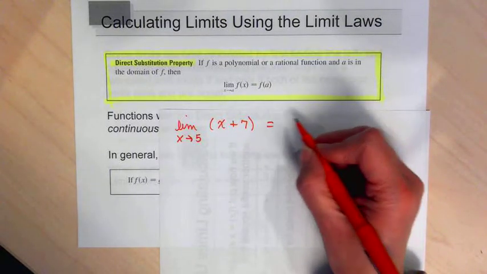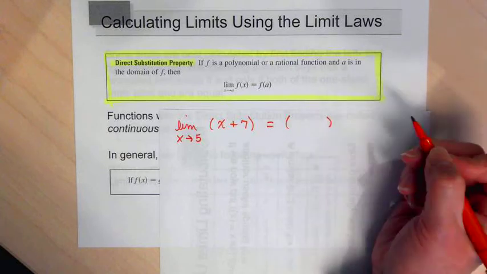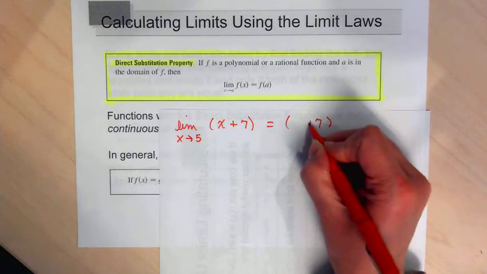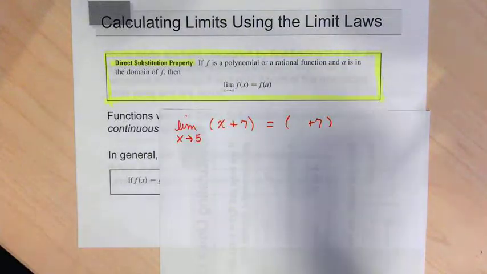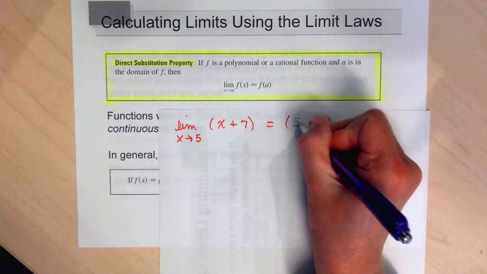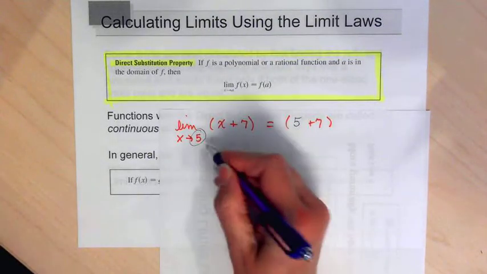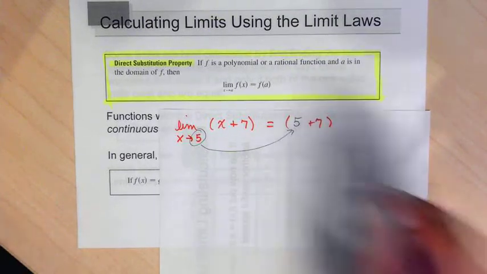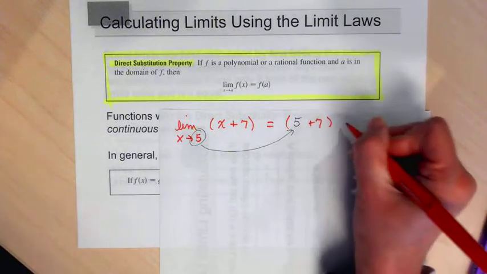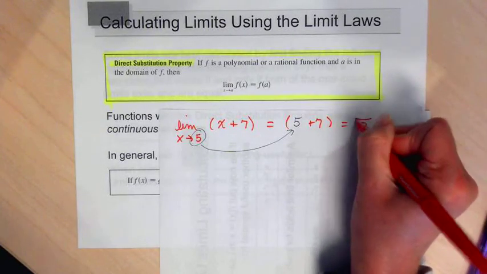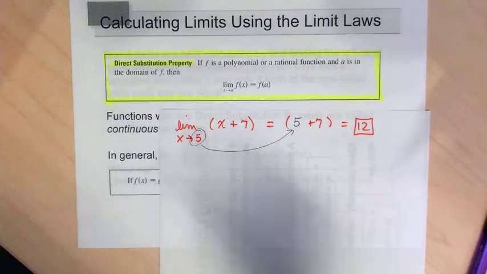So in other words, we go to our x plus 7 and we replace the x with 5. So the limit as x approaches 5 is equivalent to 7 plus 5, or 12. That's direct substitution.